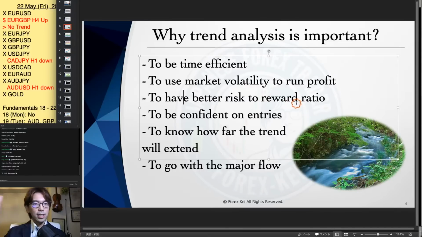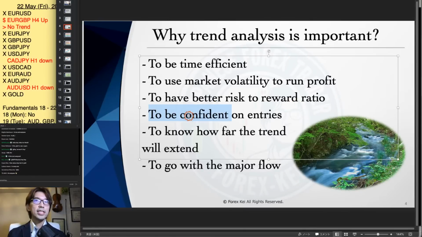But when the bigger time frame is an uptrend, even if the 5-minute chart goes up and down, it should be moving upwards as a whole. By taking trades in smaller time frames while riding the bigger time frame, your risk to reward ratio can be greater naturally. And that's another important reason why trend analysis is important.